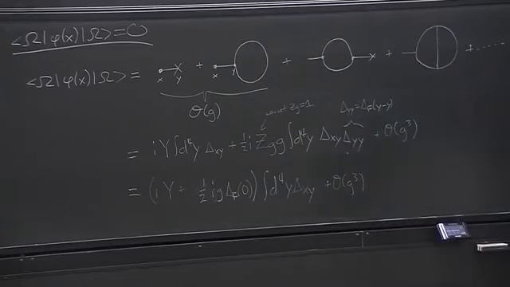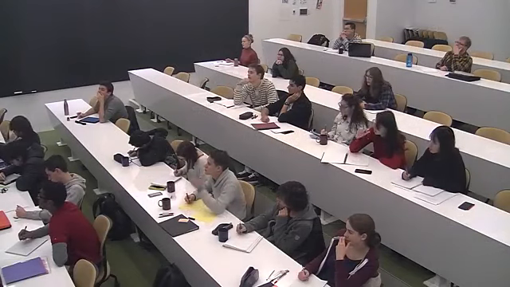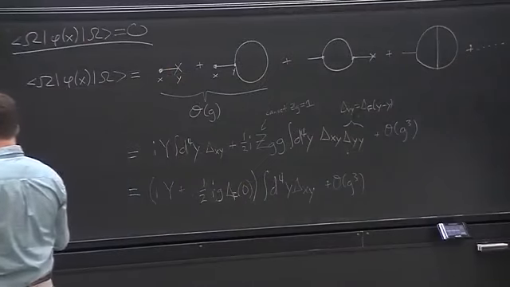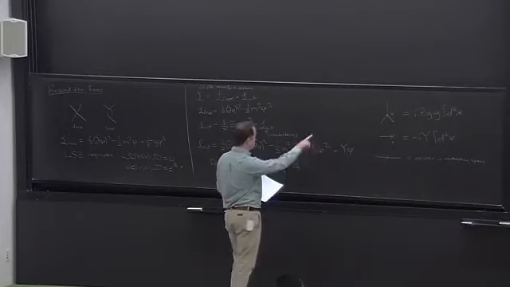Shouldn't there be a sign difference because of the different signs in the vertices? One is minus iy, and the other is i zg g. Yes, there should be. The way I've written it here, I have not been consistent with signs.